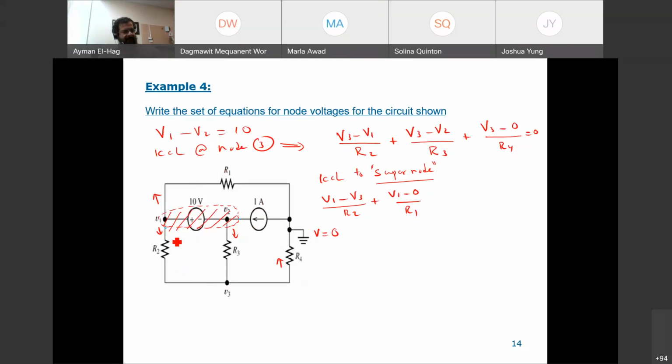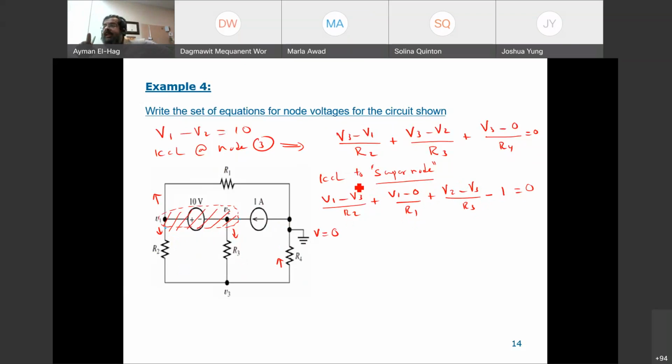Now what is left is with V2. The current goes down plus V2 minus V3 divided by R3. And this current is entering. I have no choice but to keep the same. So it's minus 1 equal to 0. So we have my equations, three equations, three unknowns, and then we can solve them.